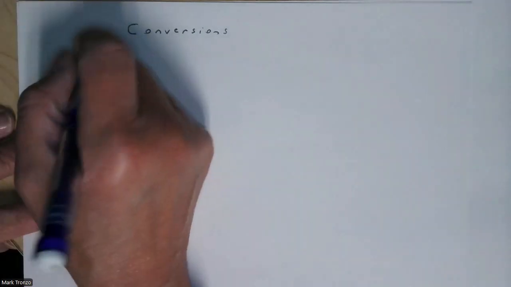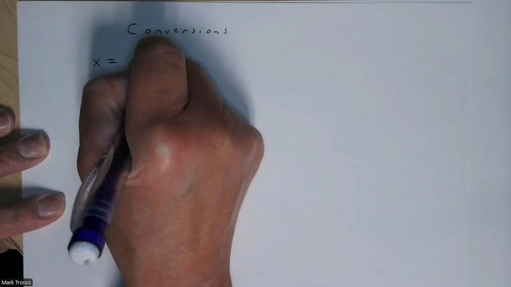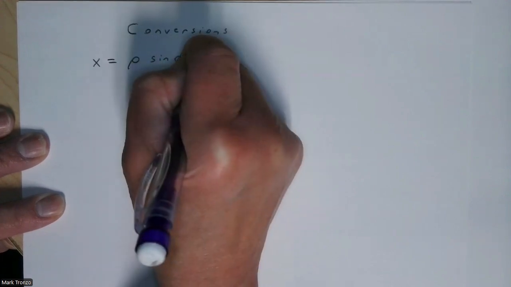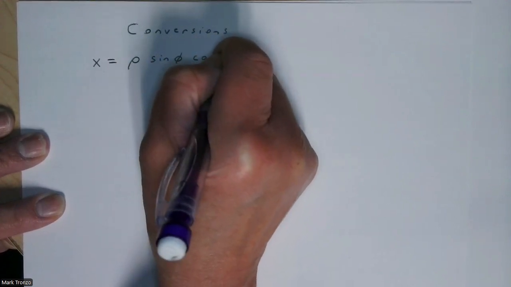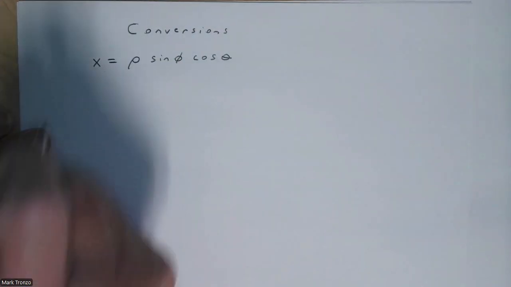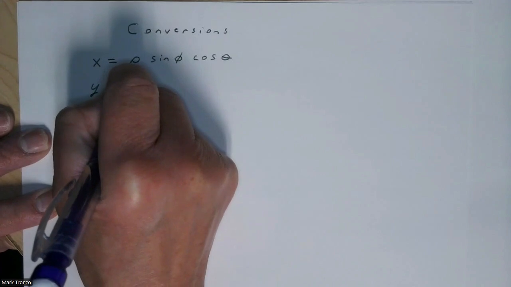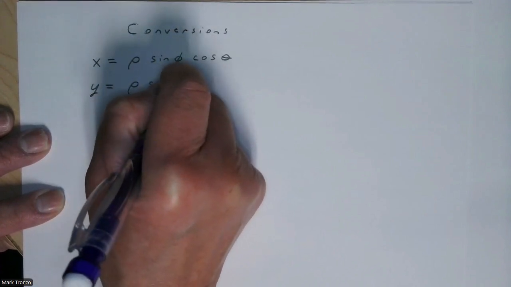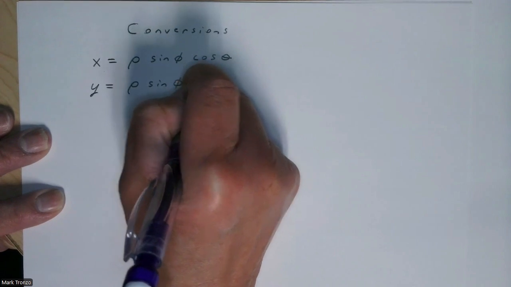Now, when we convert to spherical coordinates, we're going to have some conversion factors, just like we did for polar and cylindrical coordinates. There we had x equals r cos theta, y equals r sine theta, etc. And for spherical coordinates, we're going to have these conversions. x is going to be rho sine phi cos theta. y is going to be rho sine phi sine theta.